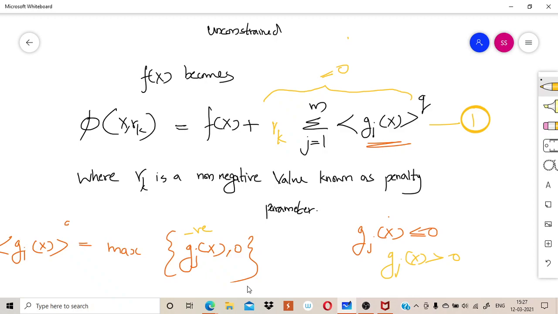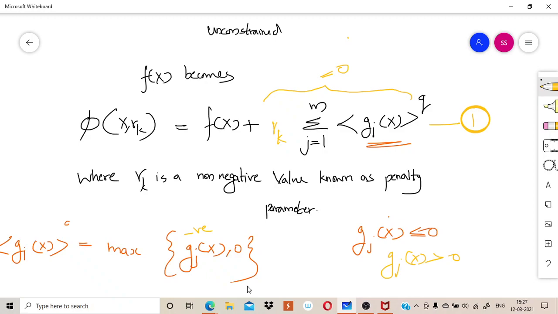Okay, so there will be a penalty for violating the constraints, and the amount of penalty will increase at a faster rate than the amount of violation of the constraint for q greater than 1.